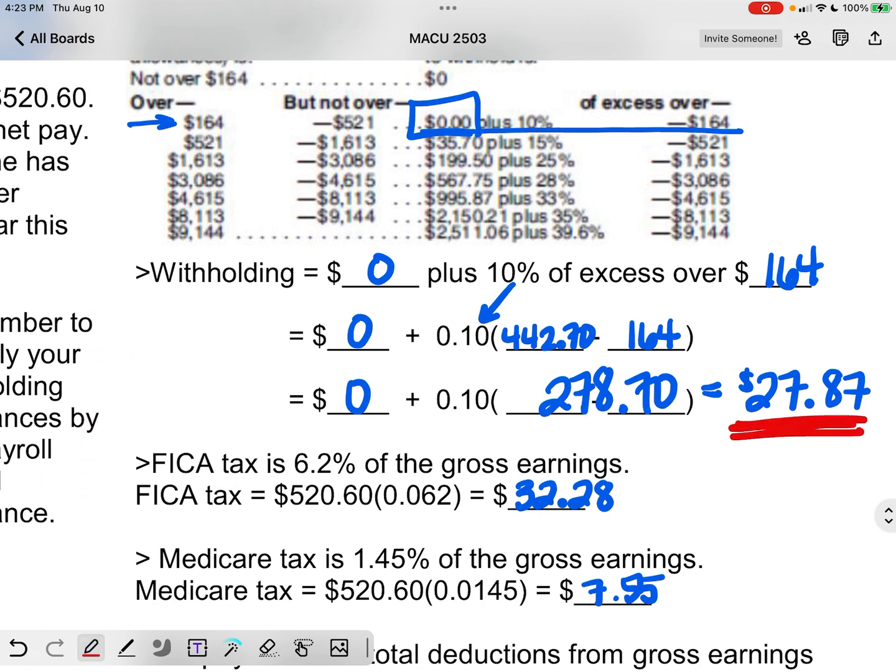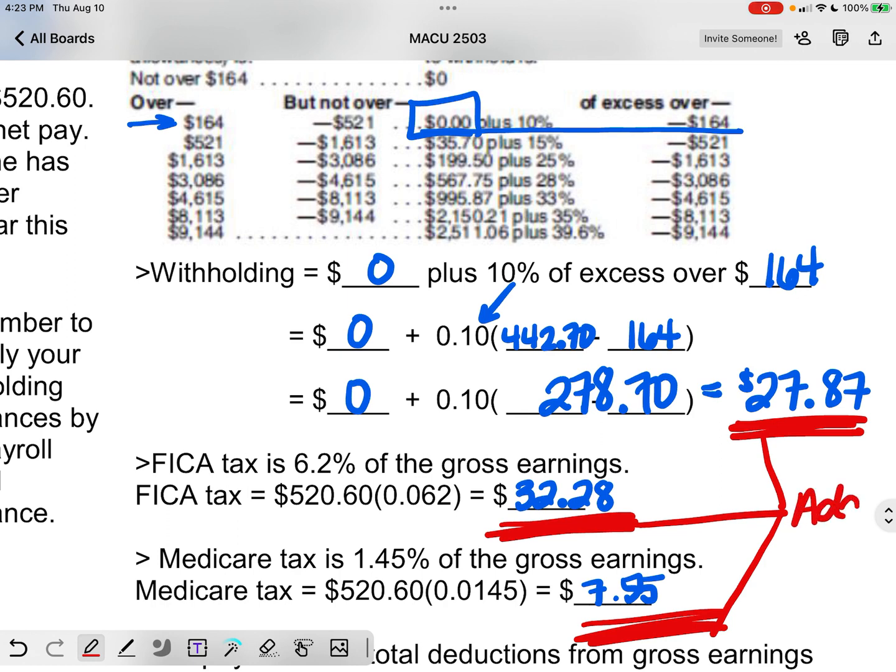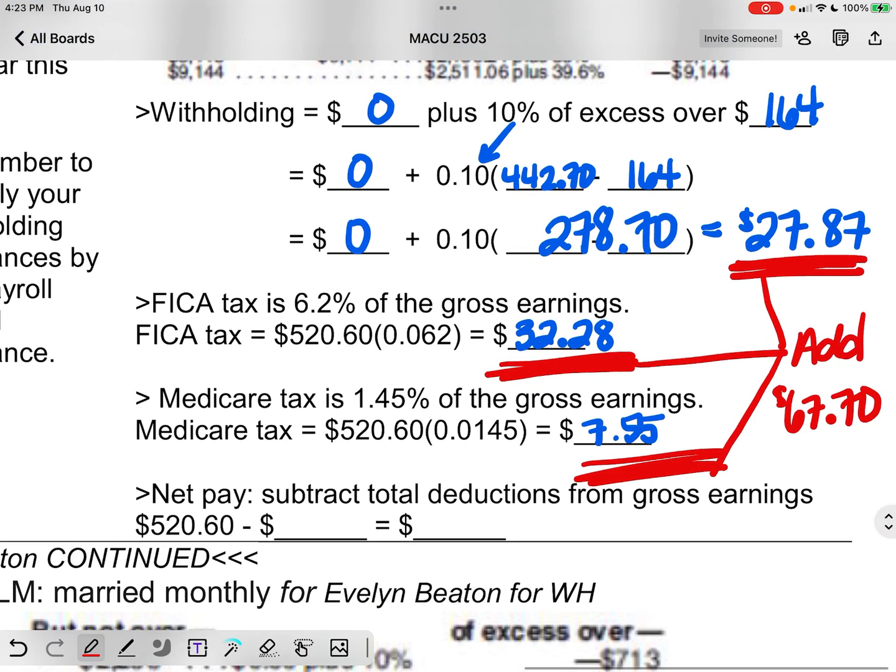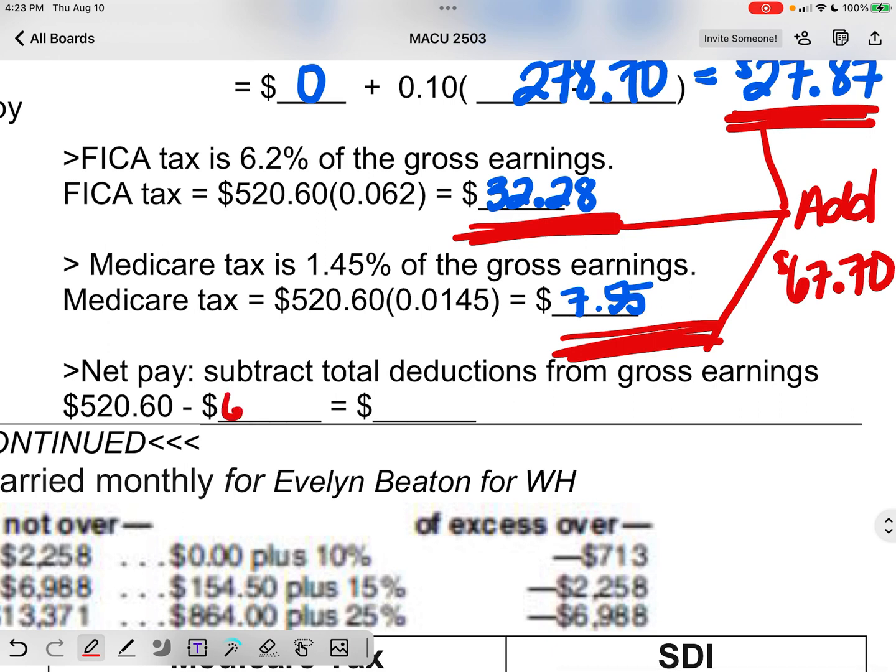Then take each of those numbers together and add them. The total when you add right here is $67.70. That's your total deductions. When we subtract that $67.70, again going back to gross pay, that puts us at $452.90.